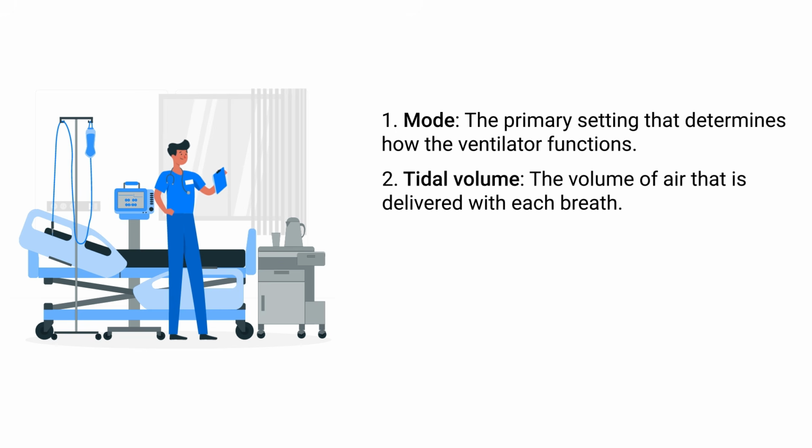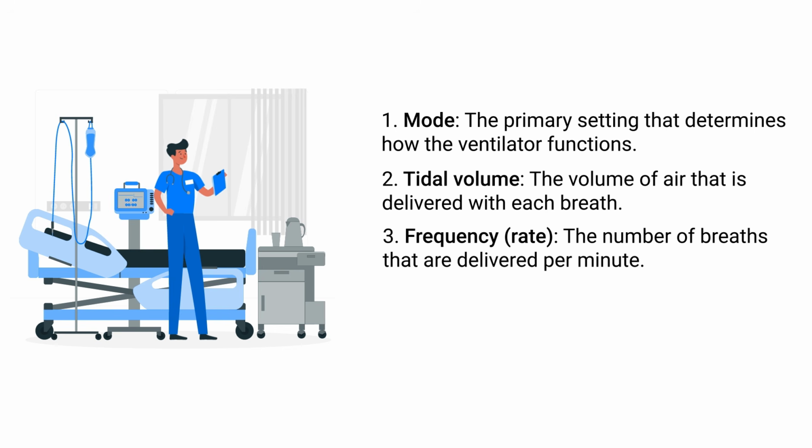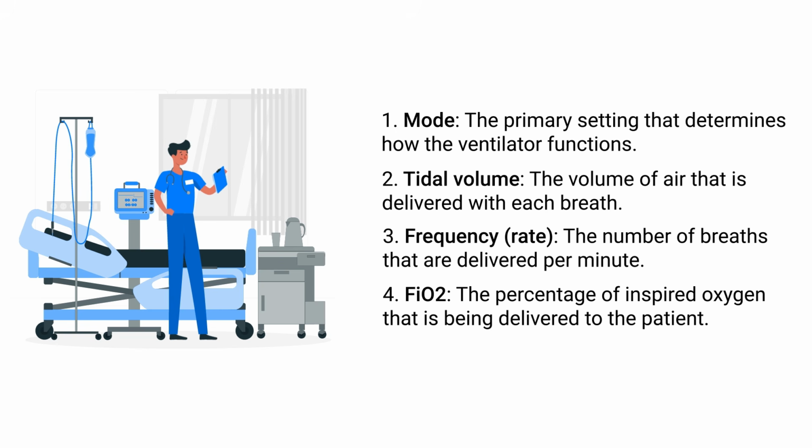Next is the tidal volume, which is the volume of air that is delivered with each breath. The frequency or rate, which is the number of breaths that are delivered per minute. FiO2, which is the percentage of inspired oxygen that is being delivered to the patient.